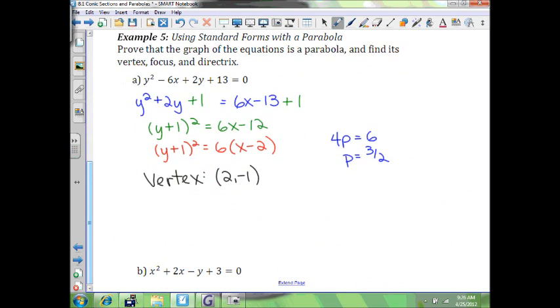So because my focus then will be h plus p, k, this will actually simplify. 2 plus 3 halves is 3 1/2. Or it could be 7 halves, negative 1. There's your focus.